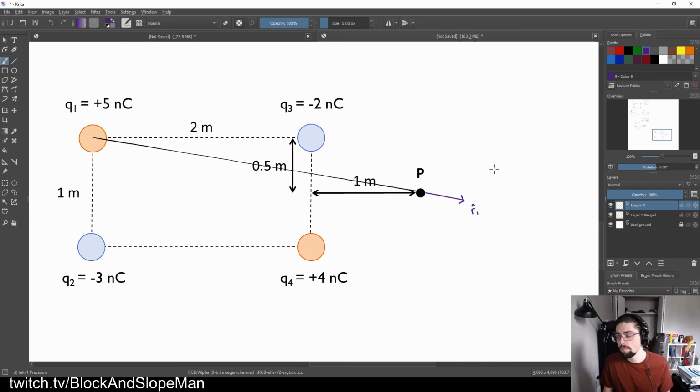So that's great, but I need to know what the angle is. So I'll draw my dotted line here, and I'll say, okay, fantastic. This is what I'll call an angle theta 1.